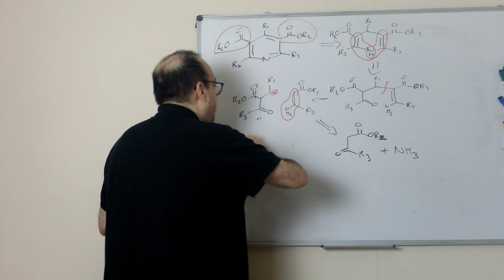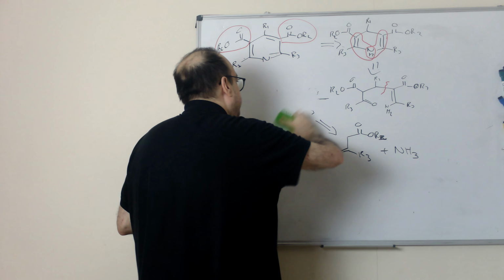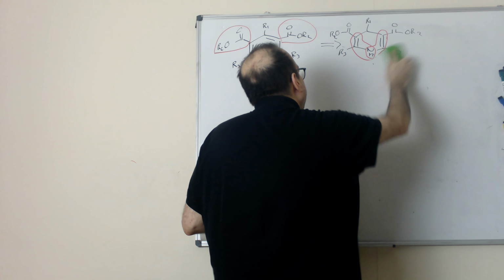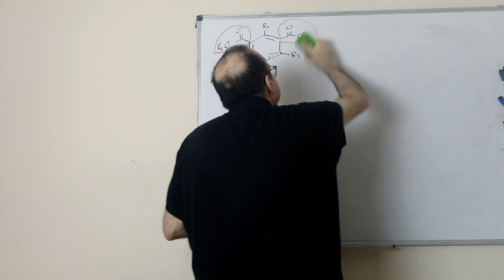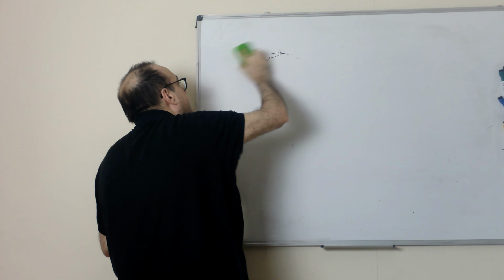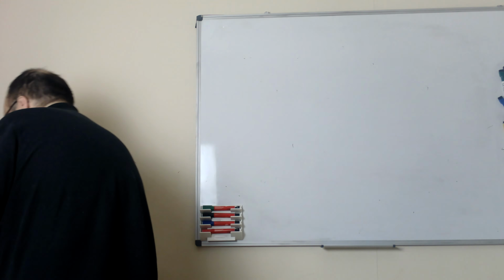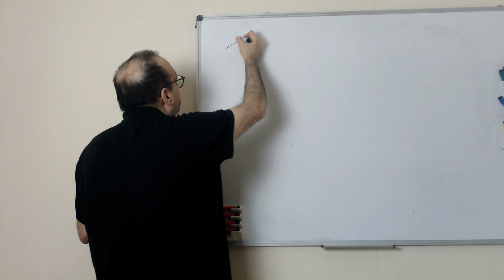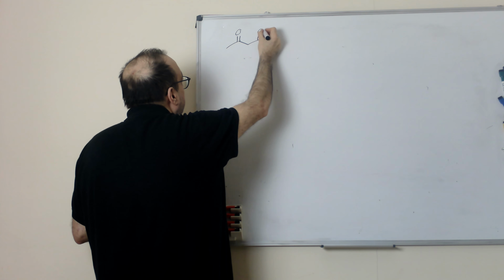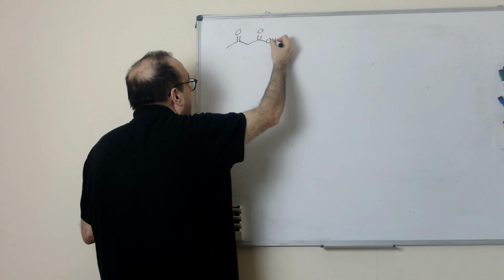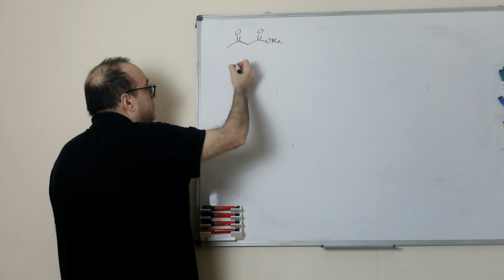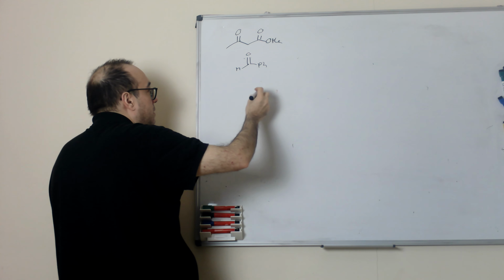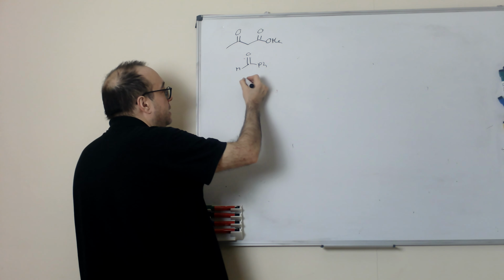Now I will put the forward synthesis and the mechanism. Basically, in the Hantzsch synthesis we put all together. I will do it, for example, with this compound and benzaldehyde in ammonia.